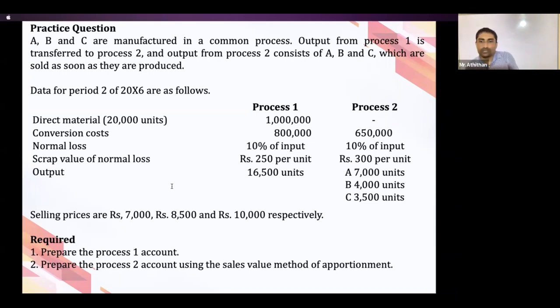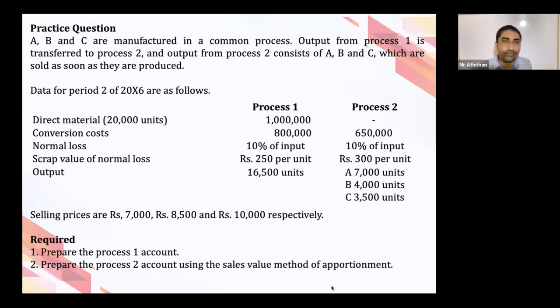We will start from the equivalent units, the equivalent unit allocation. We know the output: A 7,000, B 4,000, C 3,500. Normal loss is 10% of the input, so we will understand the abnormal loss also. Right. So I will record this.